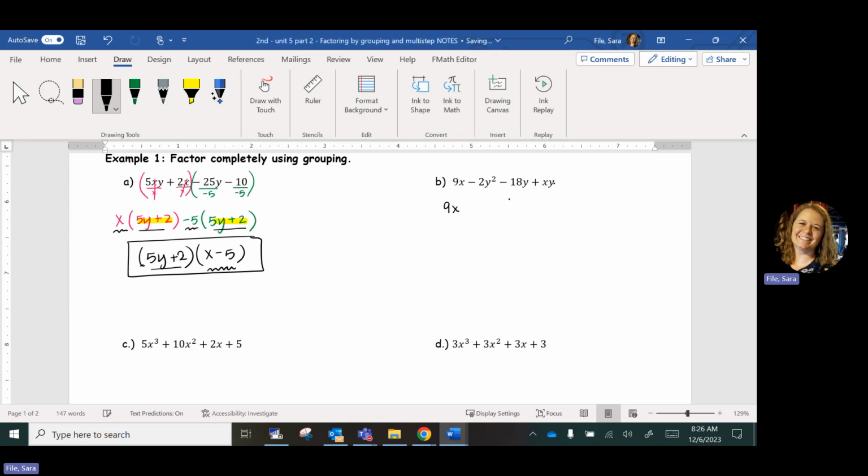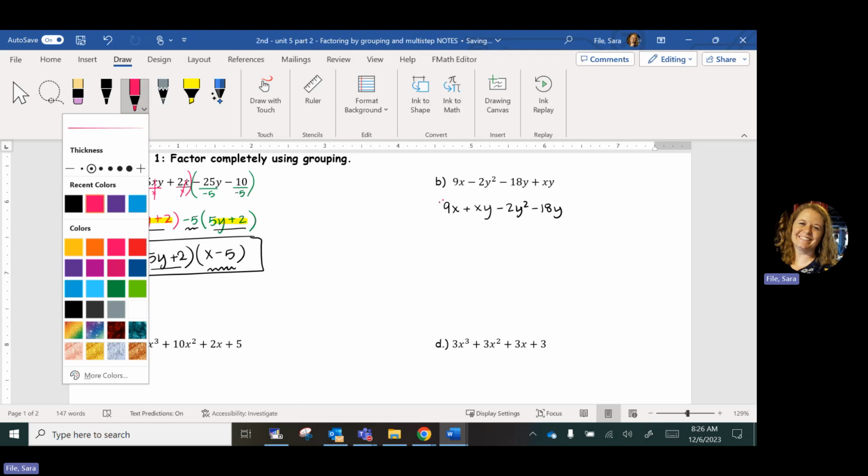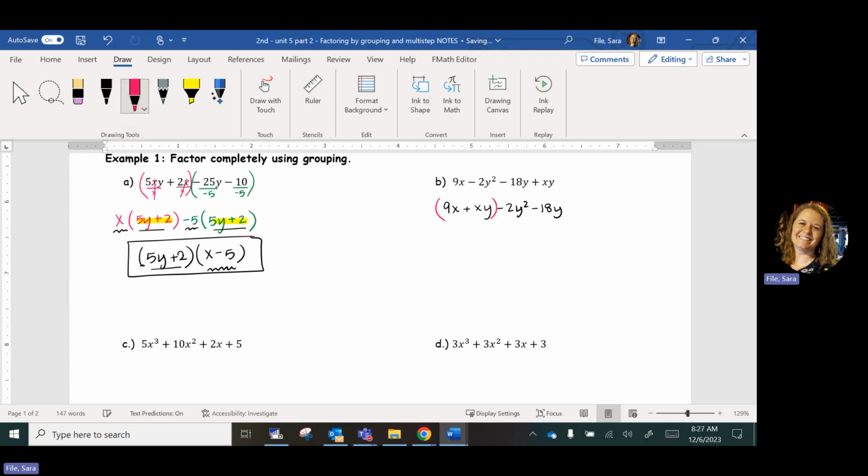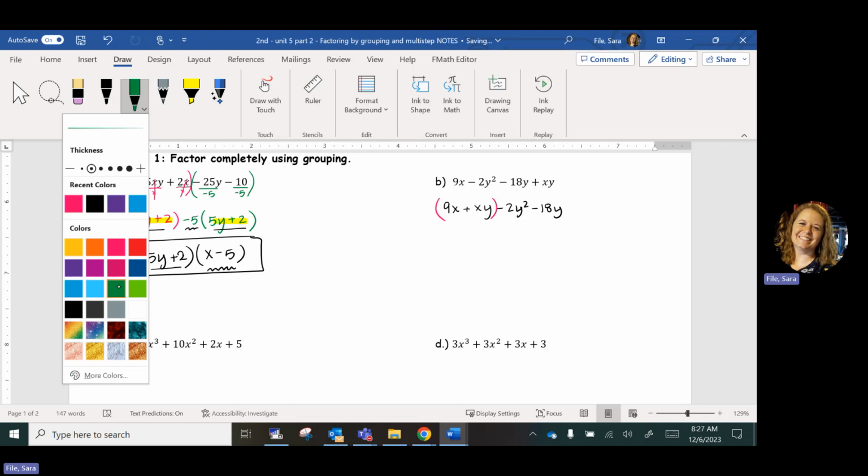But I'm going to move this last term that has an x in it up next to it, and then I'll have the negative 2y squared and the minus 18y. So now if I do my grouping, I've got a GCF that I can take out of each of these.